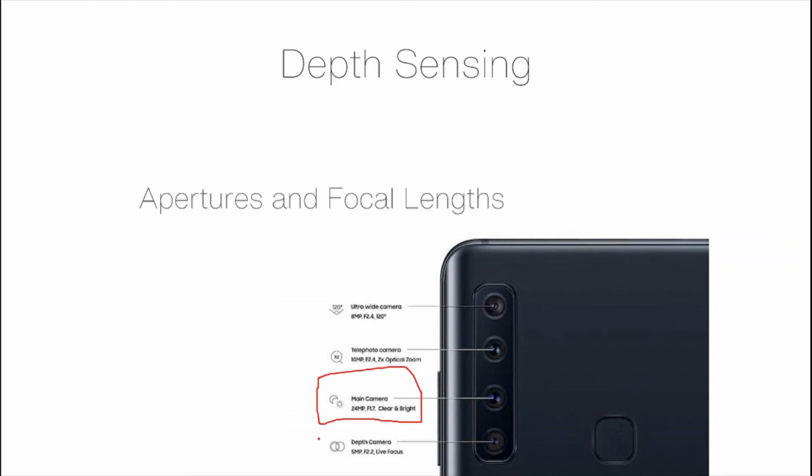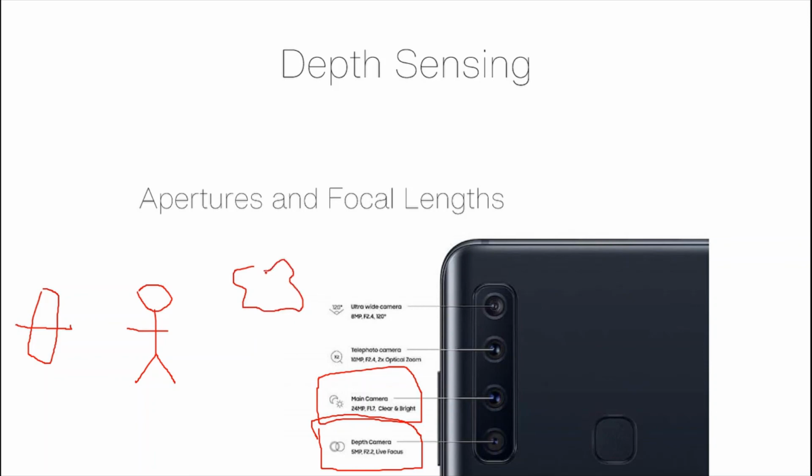These are the two we're going to analyze right now. Let's ignore the other cameras, because this is what happens in the portrait mode in your smartphones. So let's say the main subject, for example, if you're taking a photo of yourself, you're right here, and there is some object in the background, let's say a tree. Forgive me for my drawing skills.